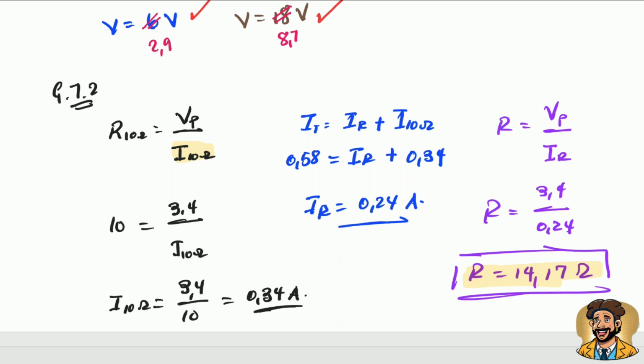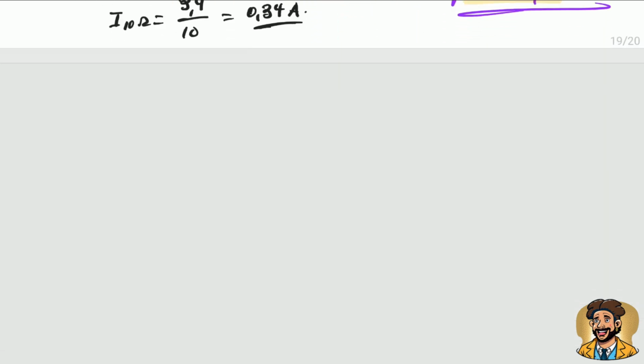Alternatively, this question can also be done by using the total resistance of the circuit. Let me just give you a hint. For that one, we have to calculate the total resistance of the circuit. So R total is equal to V total divided by I total.